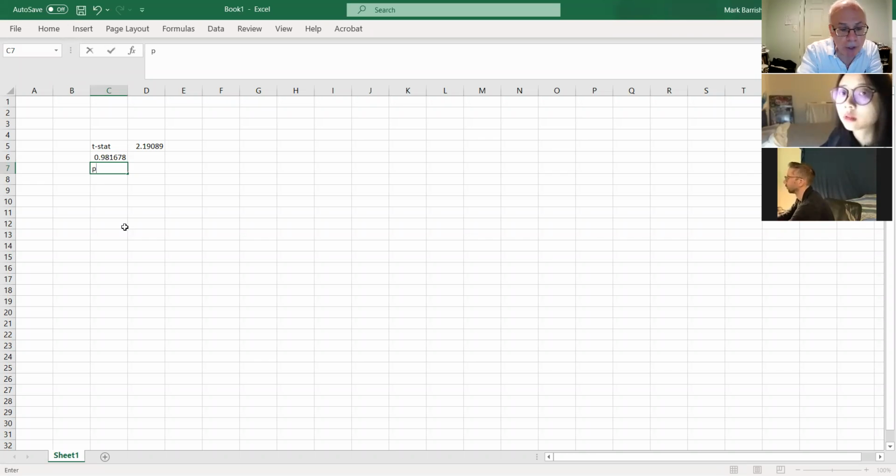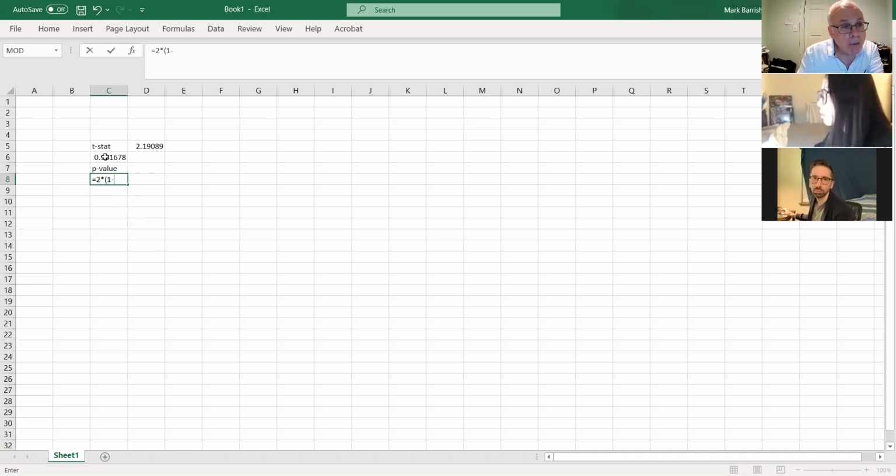I know the p-value is going to be double the right tail, so it's going to be equal to 2 times 1 minus the area to the left.